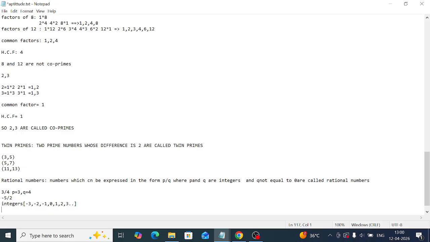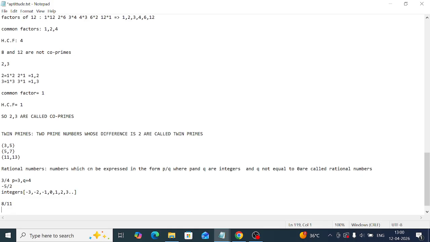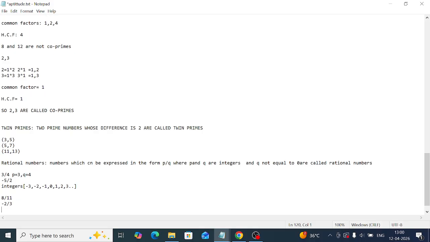These are nothing but integers. Okay, but the condition should be Q not equal to 0. You need to satisfy Q not equal to 0, then only it is a rational number. Examples: 8 by 11, this is also a valid rational number. Minus 2 by 3 is also a valid rational number.